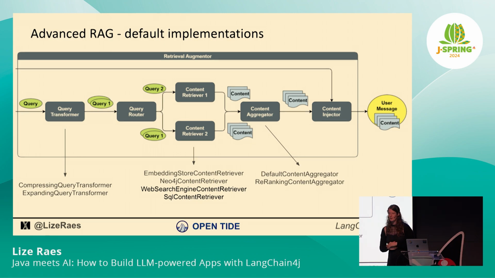So the first one is a query transformer. As you already saw, I asked a follow-up question about Mistral AI, but it didn't mention Mistral AI, so it's never going to find the parts about Mistral AI. So a compressing query transformer will just make sure the whole context from what has been said before is in your query when it's going to find the relevant pieces. So in my case, I asked which dependency, or some follow-up question.